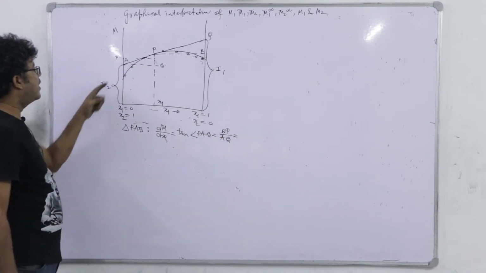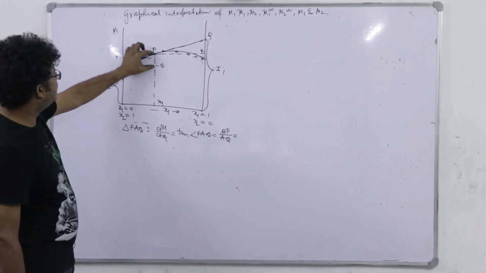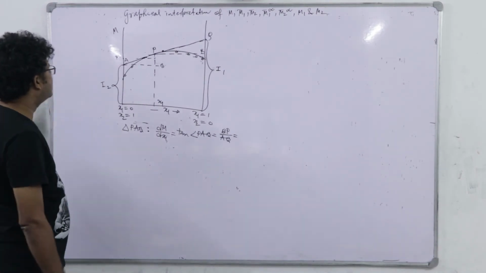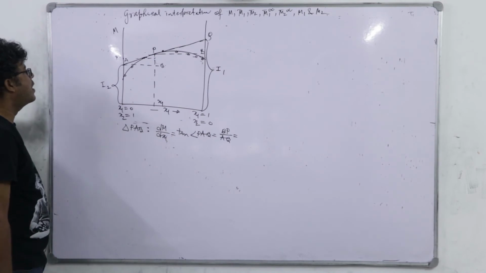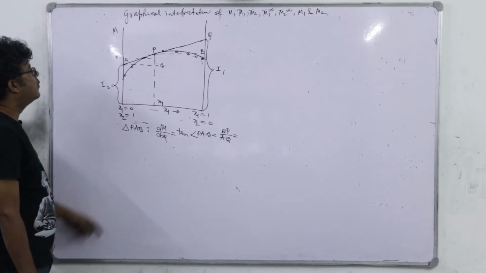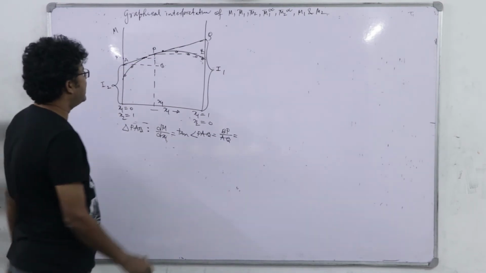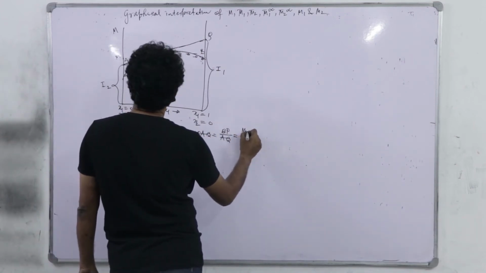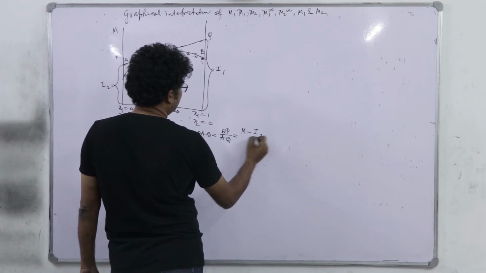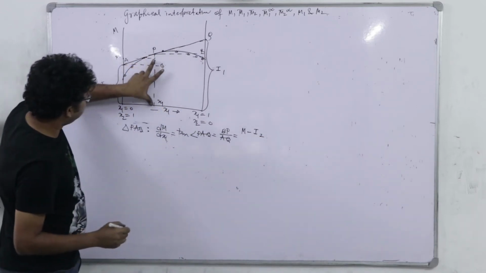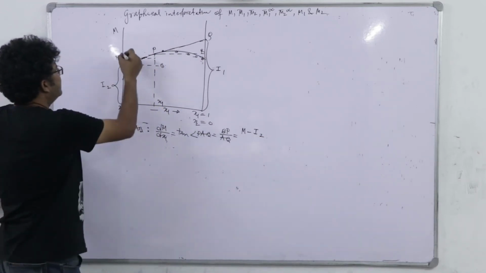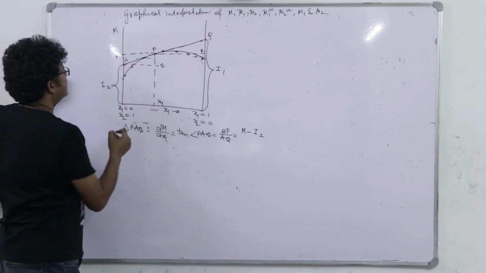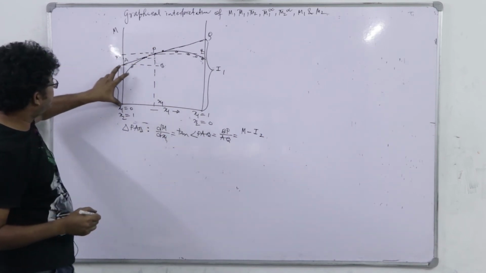Now, BP is how much? So, we can write BP as M minus I2, because this much is M and this much is I2.